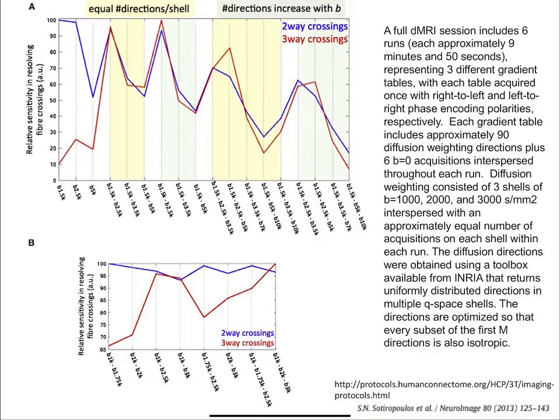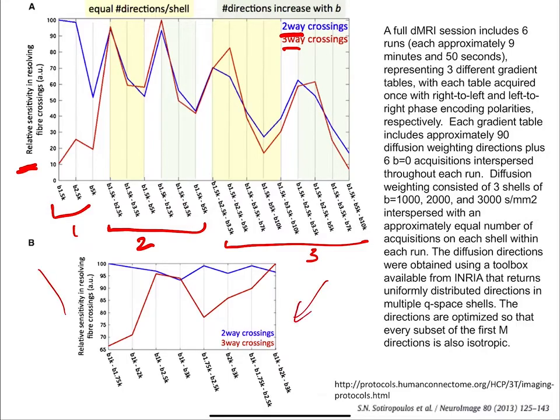There's a lot of work and simulations that go behind determining that. This is some work from the Human Connectome Project, where they first looked at one-shell, two-shell, and three-shell schemes. They're looking at the sensitivity to fibers, specifically to 2-way crossings and 3-way crossings. Ultimately, they constrained the search down to here.